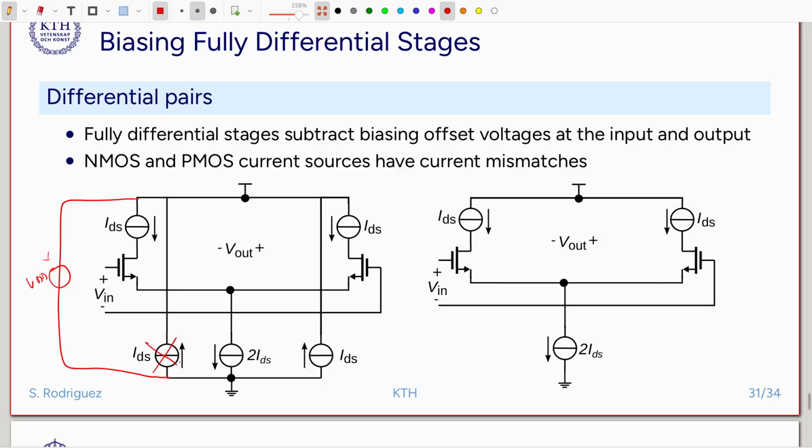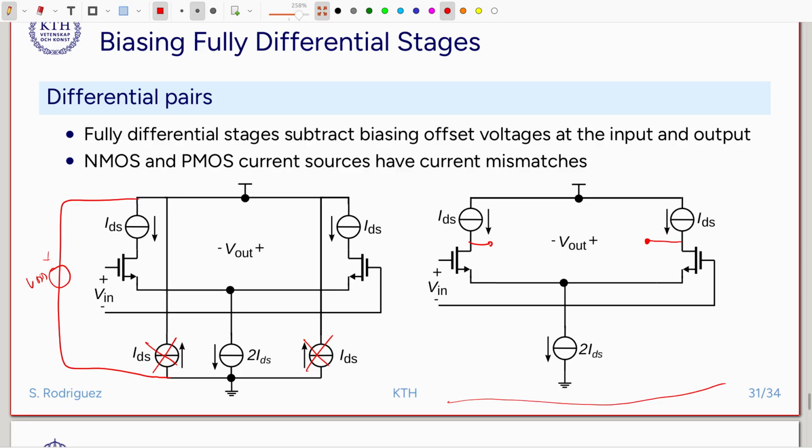This current source and this current source are not part of our circuit anymore. They are current sources in parallel to VDD, so we can just delete them, and what we have is the next circuit.